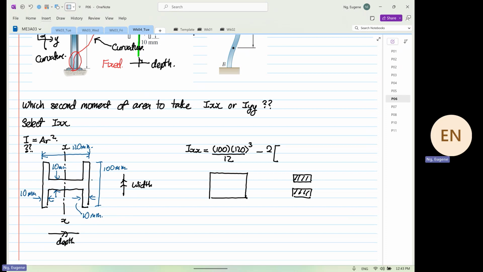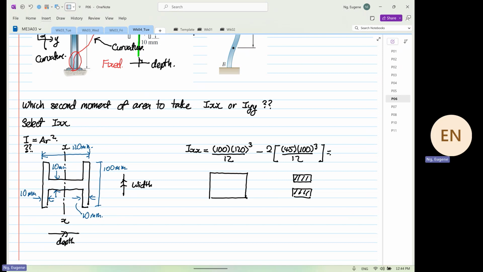The width will be 45 and the depth will be 100 cubed over 12. Okay. So this will be equal to 100 times 120 to the power of 3 divided by 12 minus 45 times 100 to the power of 3 divided by 12 times 2.